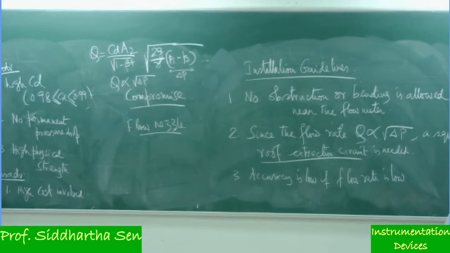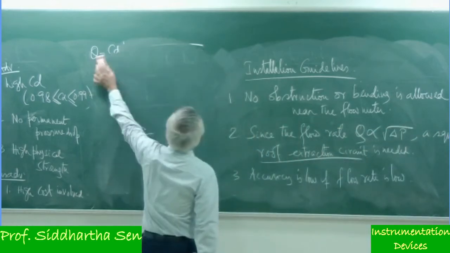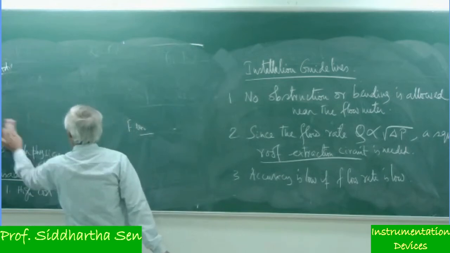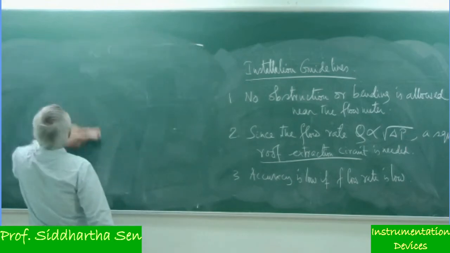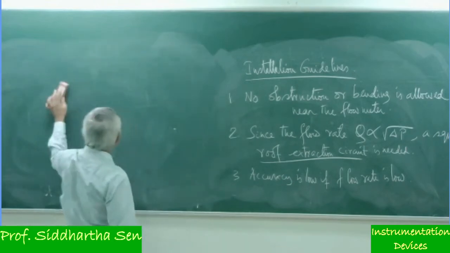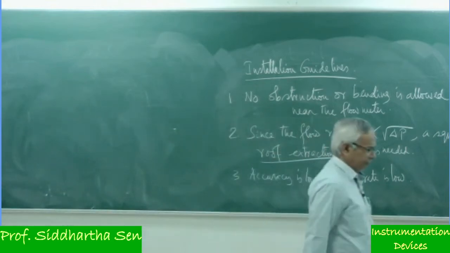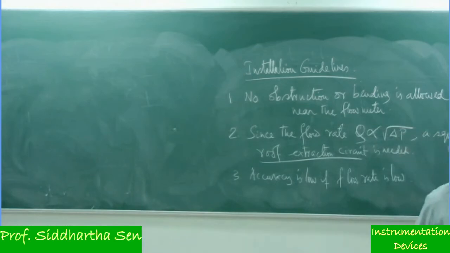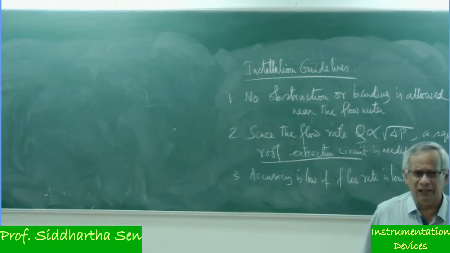Now, in this context, I will try to add another point. We have so far discussed the flow measurement of liquid. Mostly, as I told, the useful liquid in this case is water. But often we require to measure the flow rate of air. If it is a thermal power plant, we need to measure the steam flow rate.